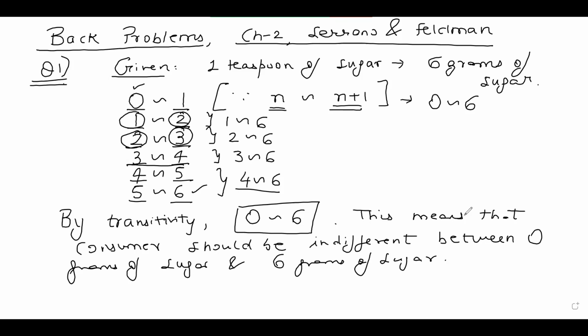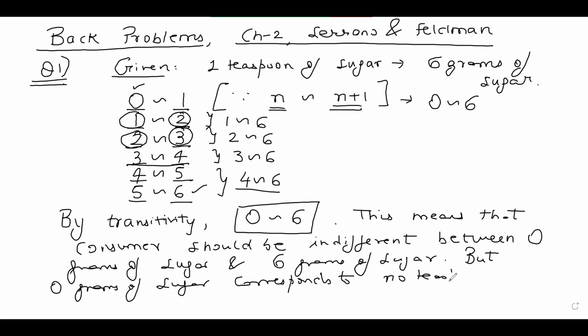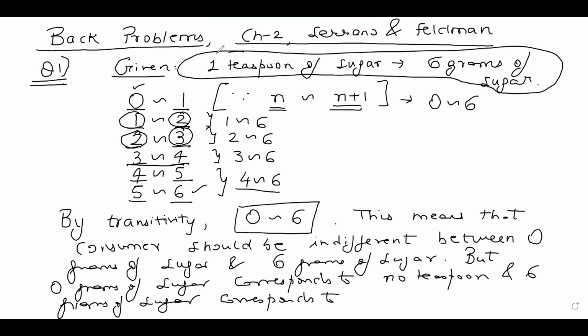But 0 grams of sugar corresponds to no teaspoon and 6 grams of sugar corresponds to 1 teaspoon, because in the beginning, we were given that 1 teaspoon contains 6 grams of sugar. So 6 grams of sugar corresponds to 1 teaspoon.